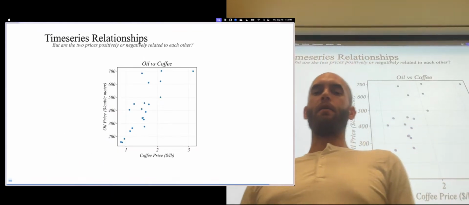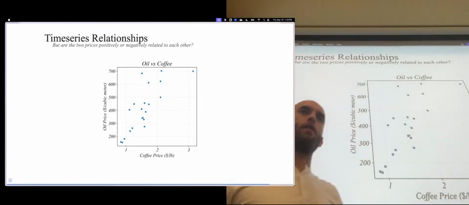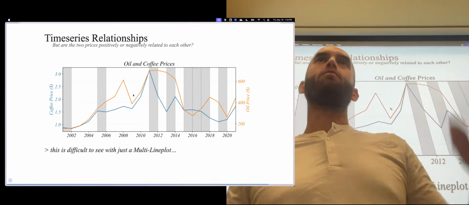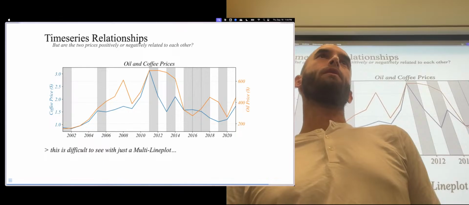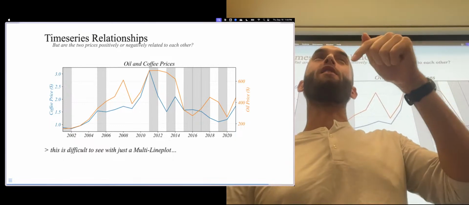So what I've done here is plot coffee price on the horizontal axis and oil price on the vertical axis. As is often the case, scatter plots, if you can use them effectively, give you a very nice view of your data. Here, we took a nearly impossible question with a multi-line graph: are the two prices related? Maybe you could look at the different increases and decreases with the two series, but it's very difficult to answer the question at hand, the relationship between prices, using a multi-line plot.